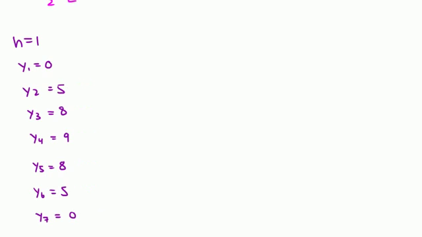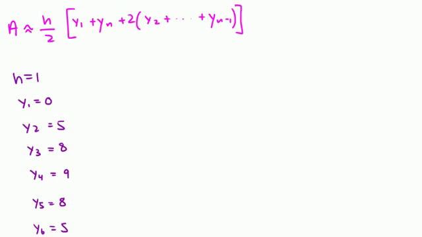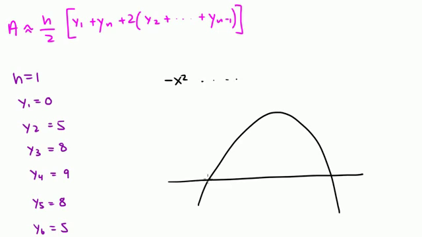So I'm just going to quickly do a sketch to make sure you understand where I'm getting these from, and how I know that they're the y values and h values and so on. Because we have minus x squared as our function, it's going to look like a frown. We know that it crosses over at (3, 0) and (9, 0), so we want to find the area underneath.